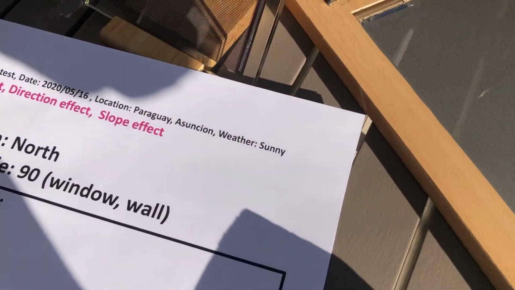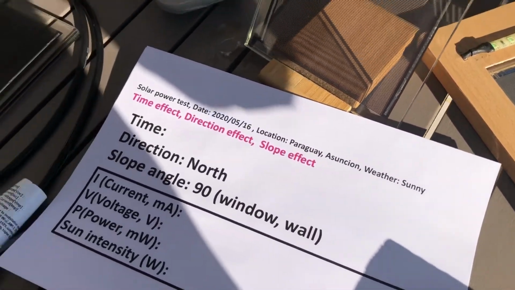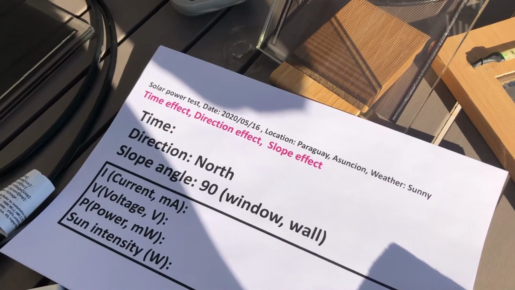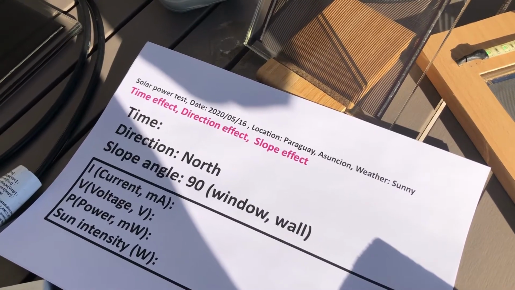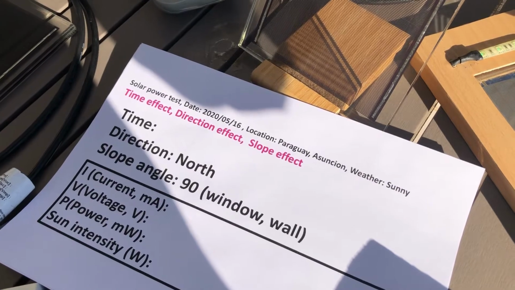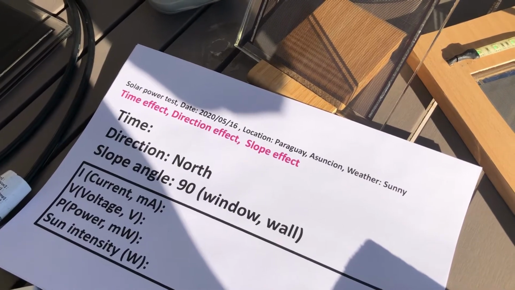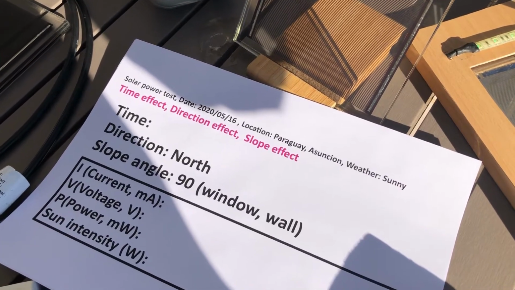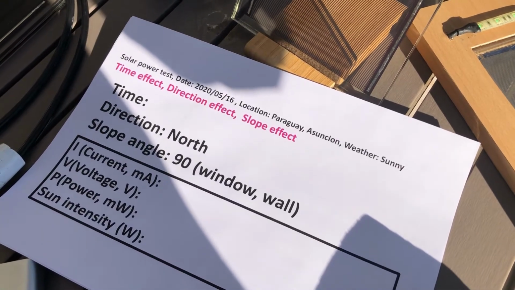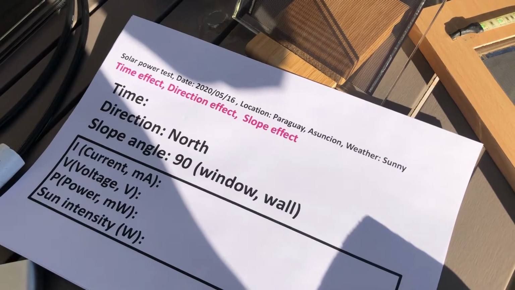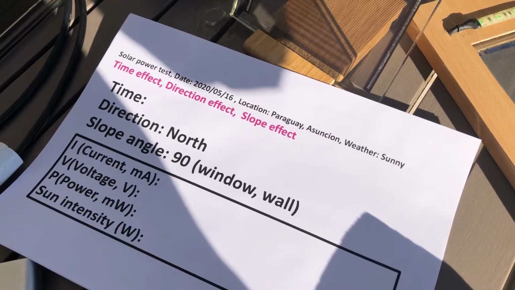So on a sunny day, we will do 3 kinds of tests. One is the time effect: the solar power depends on the time. Then the direction effect: the solar power depends on the direction, north, south, east, west.